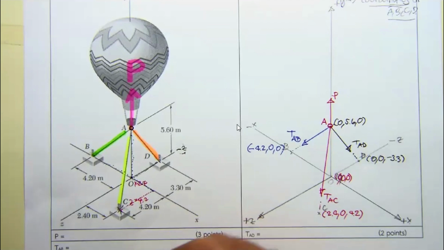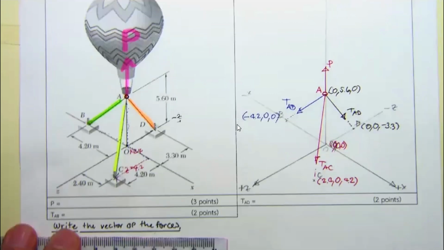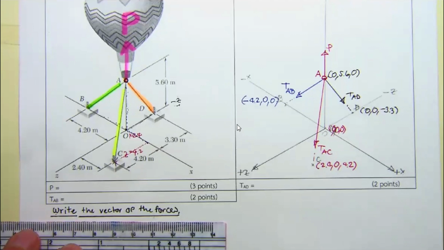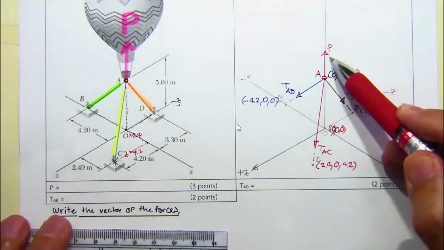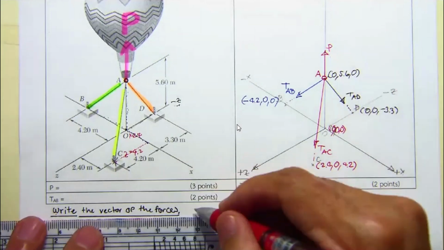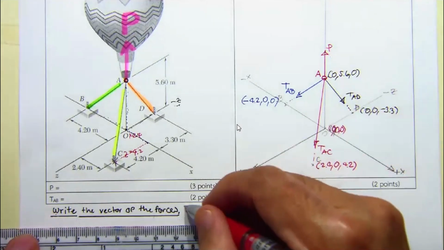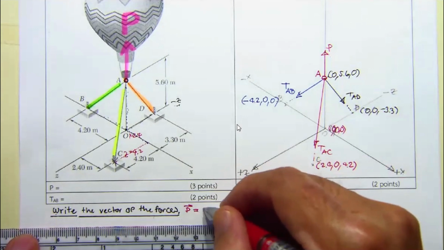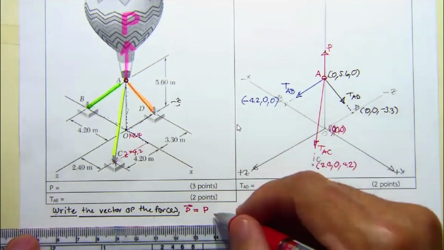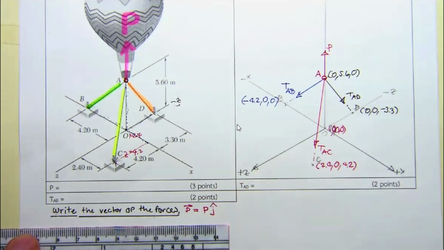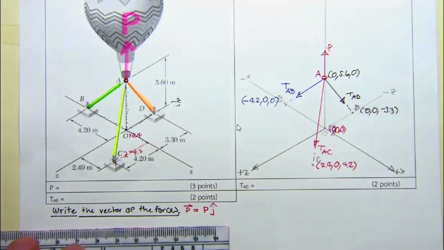The easiest one is going to be P. P is the lifting force, upward in the y direction. So we have the first one, vector P equal to magnitude and then the direction. We have only P j.